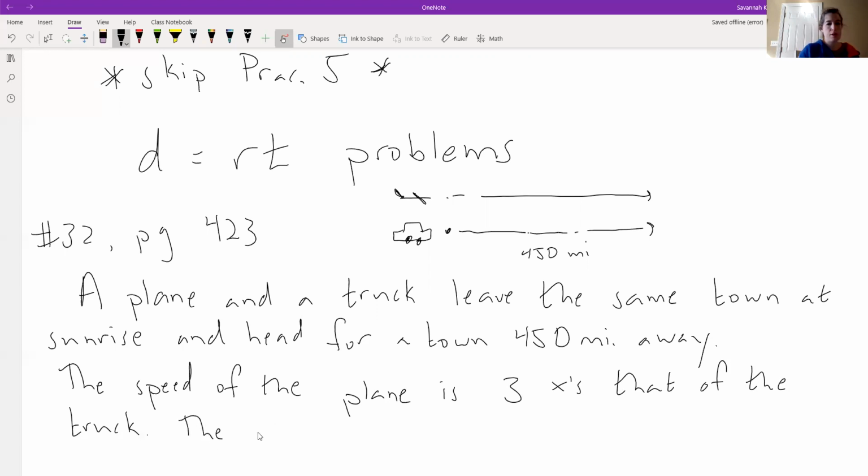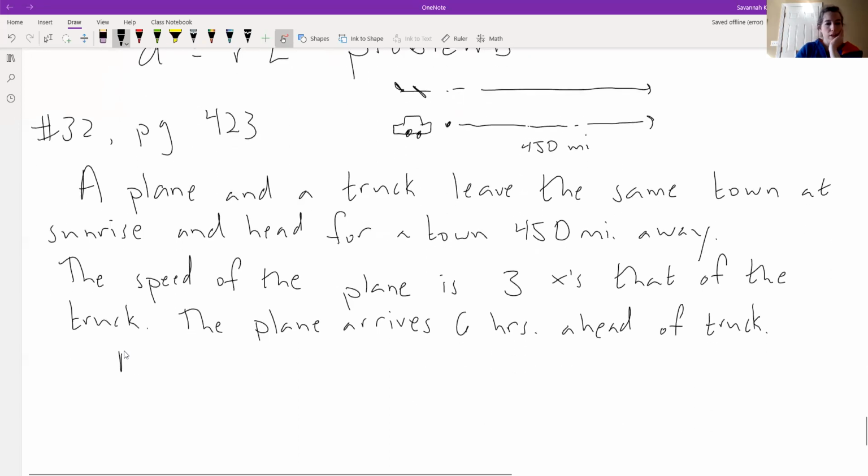I'm going to break this sentence up. The plane arrives, so it covers that 450 miles 6 hours faster. And our goal in this exercise is to find the truck's speed.